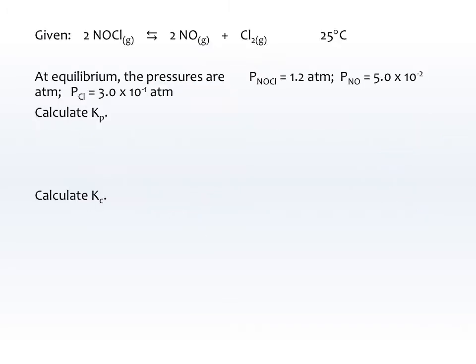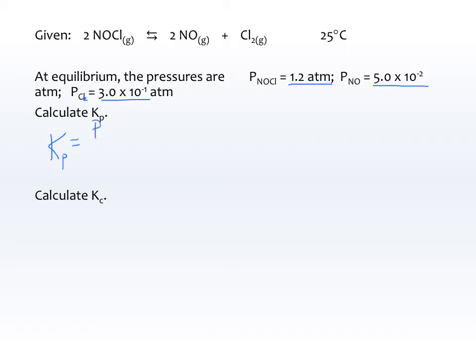Given NOCl makes NO plus Cl2, at equilibrium the pressures are NOCl is 1.2, NO is 0.05, and Cl2 is 0.3 atmospheres. So calculate Kp. We're going to write the equilibrium constant expression exactly the same way that we did with Kc.